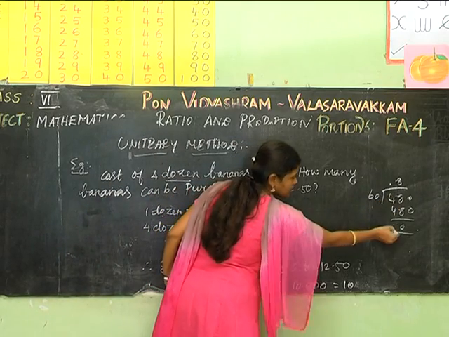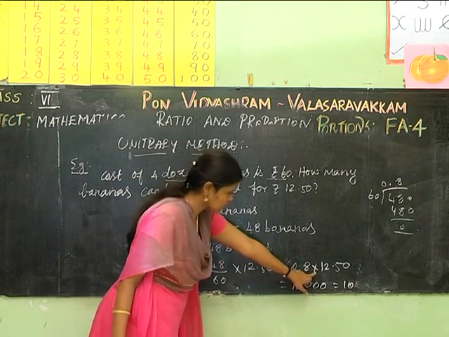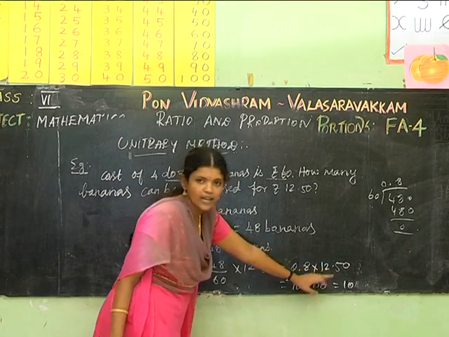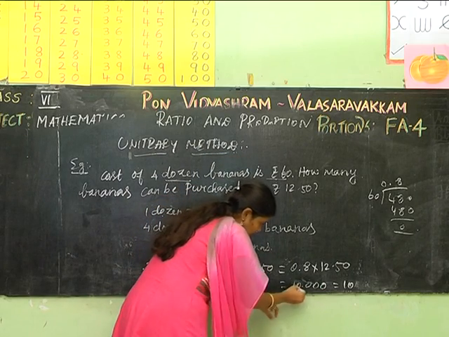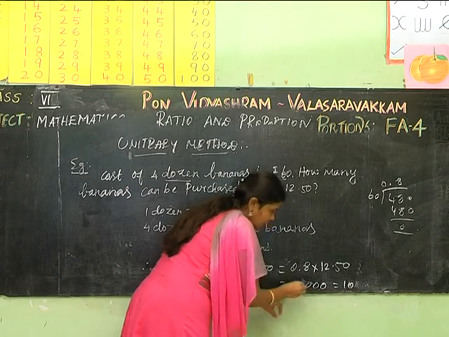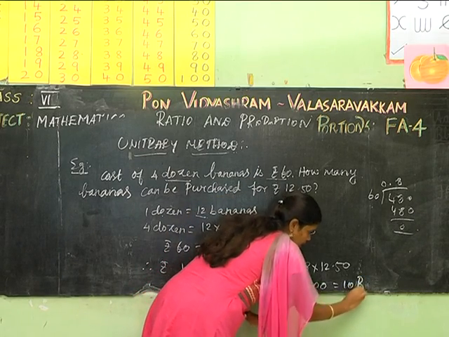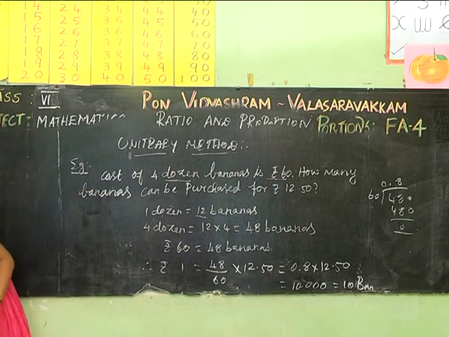If you divide this, you will get 0.8. So 0.8 into 12.50. If you multiply these two, you can make a point here. So how many bananas are there? 10 bananas are there.